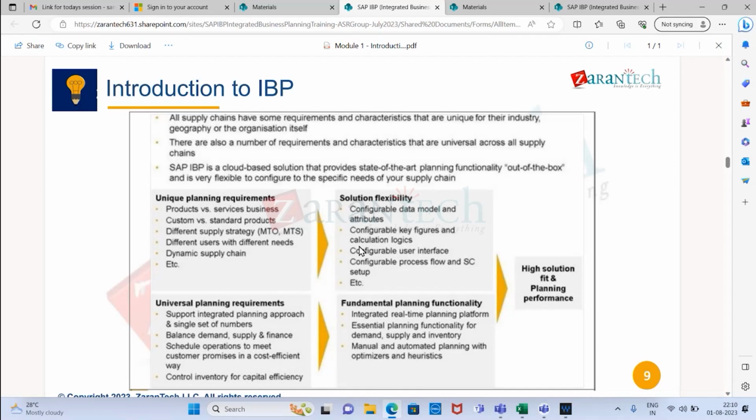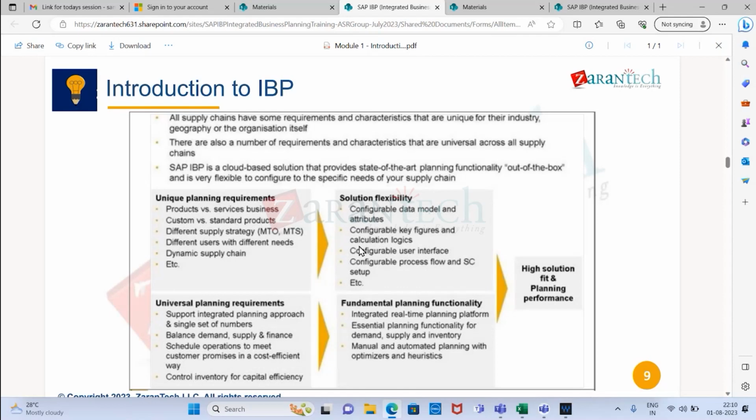They are only produced upon receiving the customer order. So in a nutshell, MTO products are those which are designed as per the customer requirements. They are specific requirements of the customers based on which these products are produced.